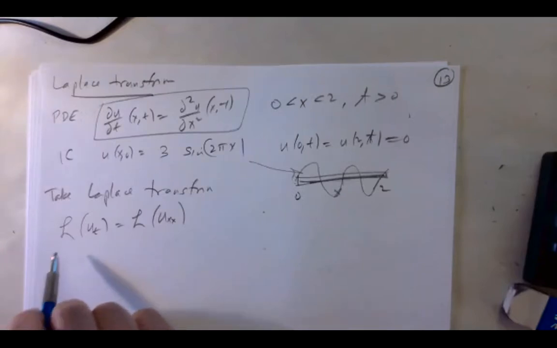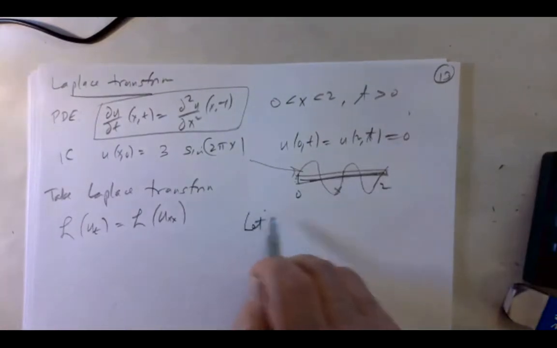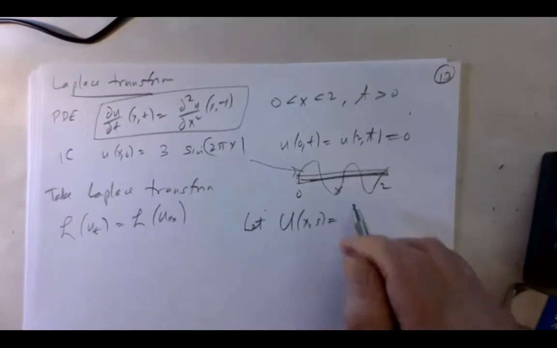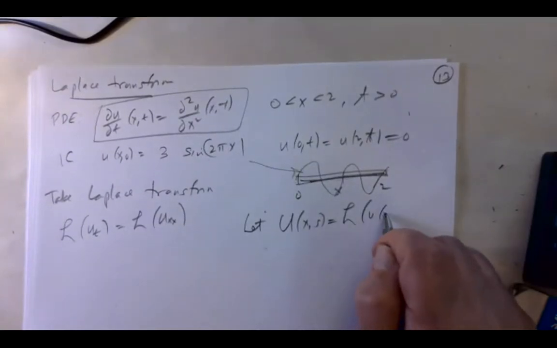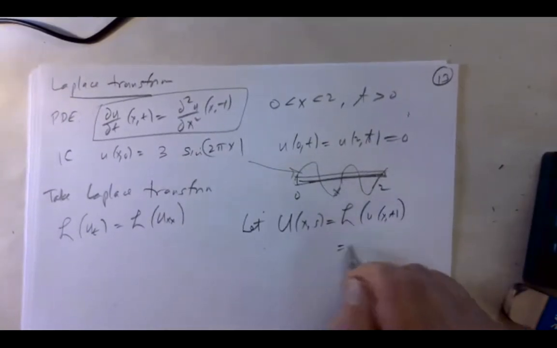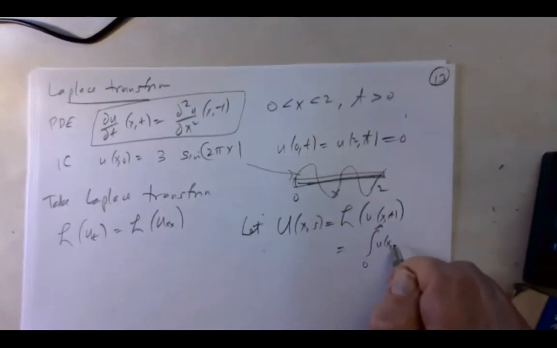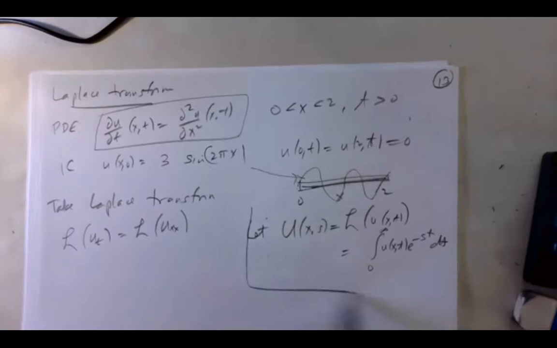Suppose we let U of x, s be the Laplace transform of u of x, t, which is the integral from 0 to infinity of u of x, t e to the minus st dt.